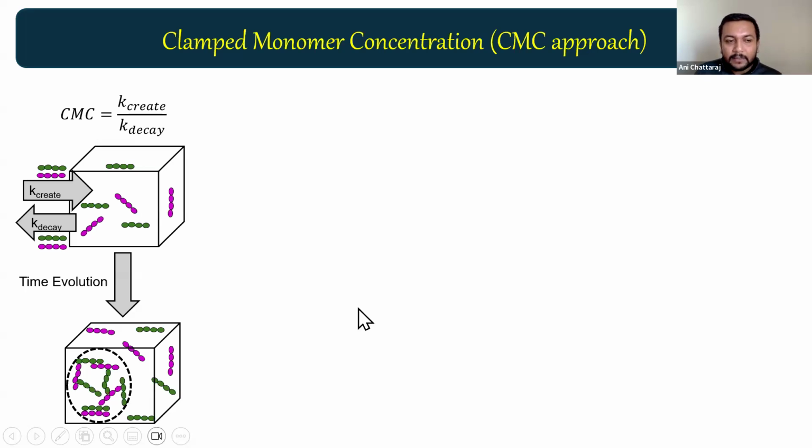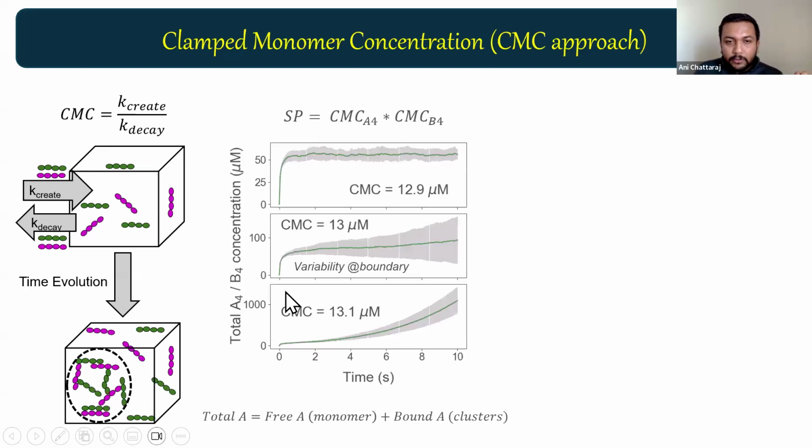So we are essentially clamping the monomer concentration inside the system, so that at any given point, when you look at the monomer concentration, not the total, but just the monomer, it should be more or less similar to the CMC. Okay. So if we titrate up this monomer concentration, we see something interesting: again, some kind of thresholding behavior.